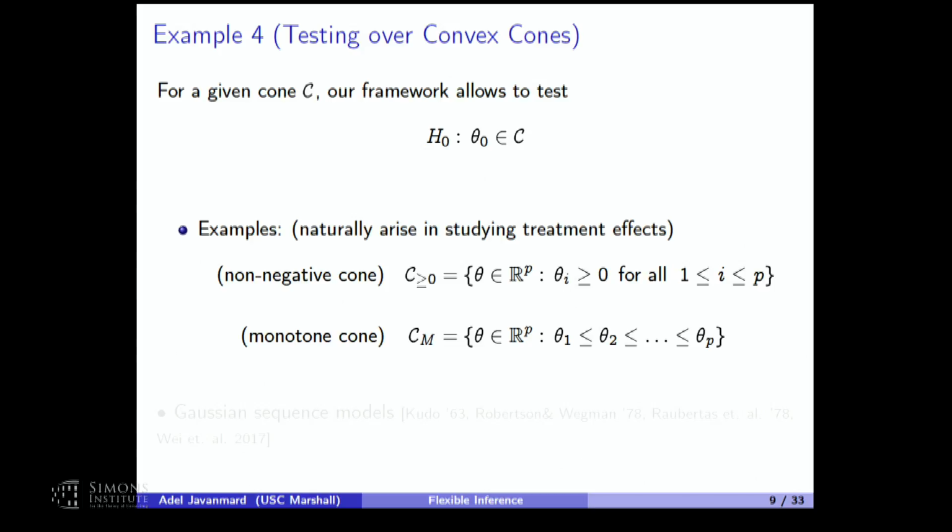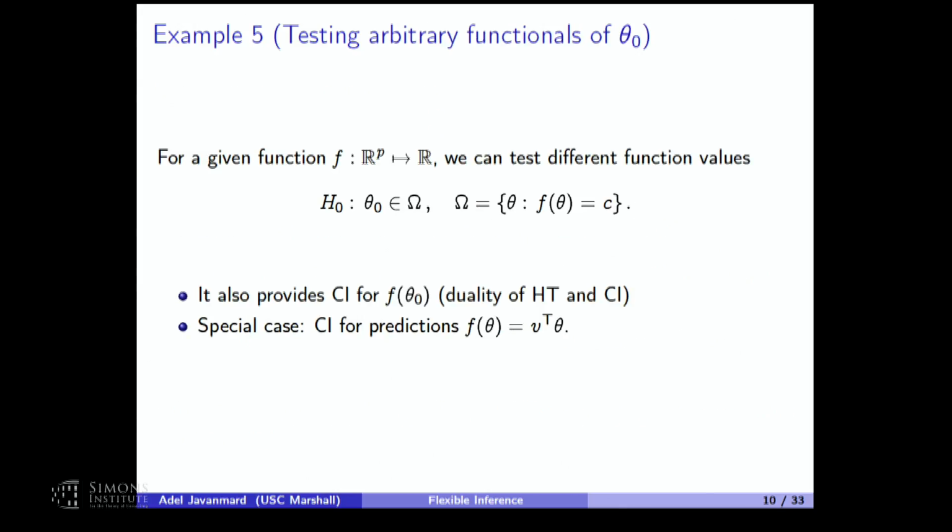Or let's say different treatments correspond to different dosages of a drug, and it's plausible to assume that if the drug has any effect, then its effect should be monotone in the dosage. So you can test whether theta is in the monotone cone. And there is a long history of work on these problems in the Gaussian sequence model, from 1963 to the present.